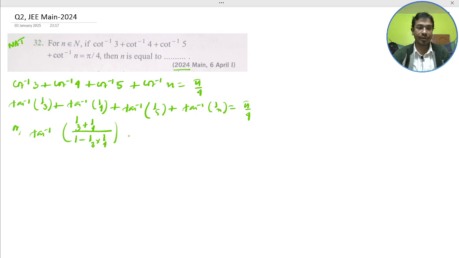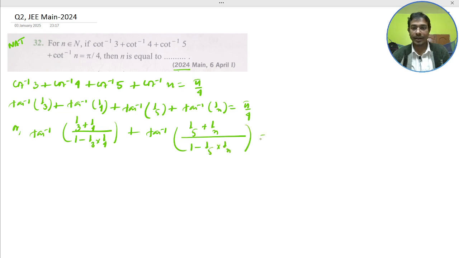We just use the formula here: (1/5 + 1/n) divided by (1 - 1/5 × 1/n) is equal to pi by 4. So we apply the tan inverse x plus tan inverse y rule.